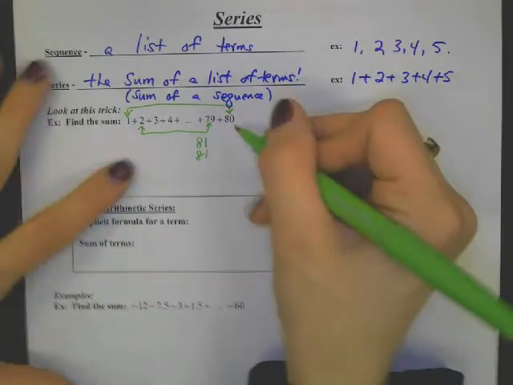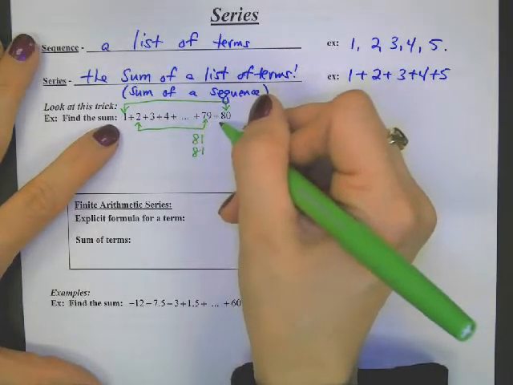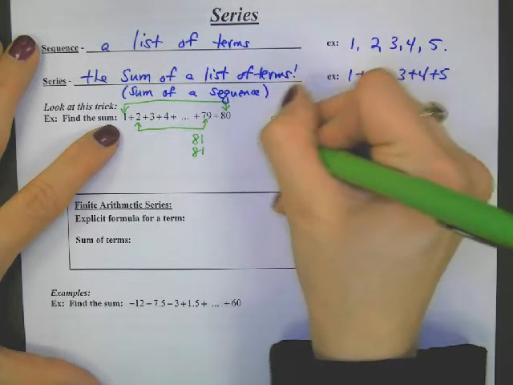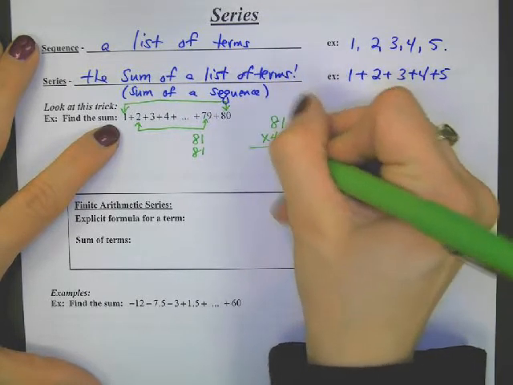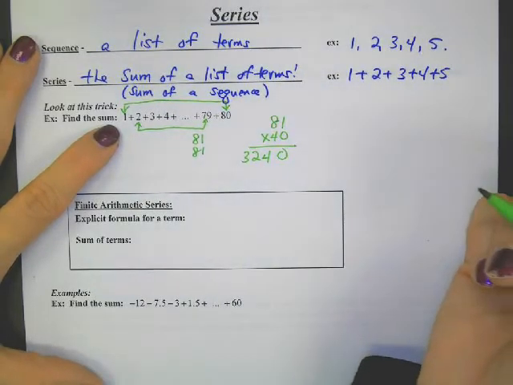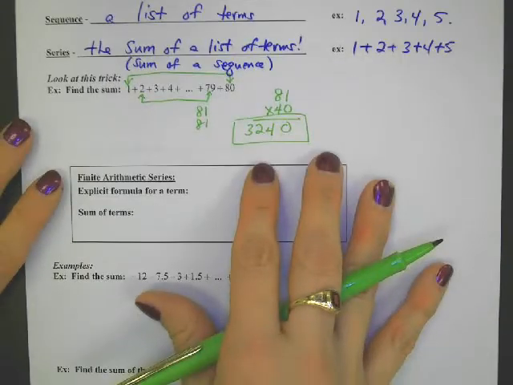Since there are 80, cut that in half, that would be 40 sets. That would be 81 times 40. Drop the 0, that's a 4, so the sum is 3,240. Okay, now that's the trick.